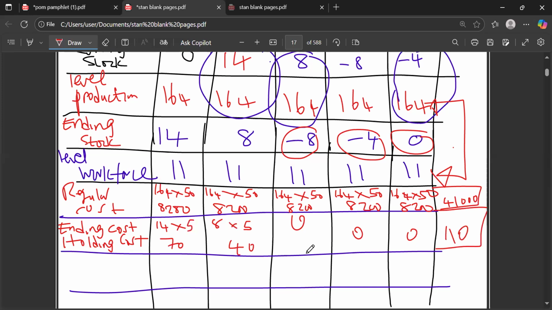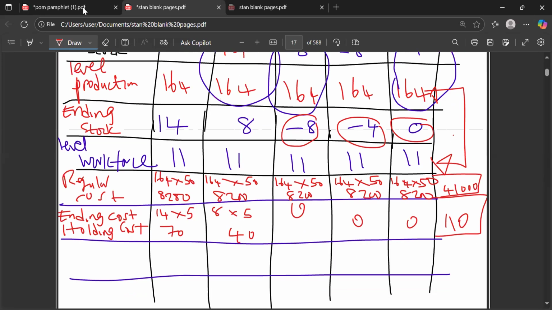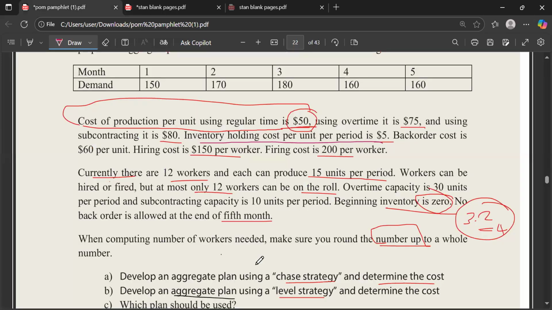Then what next? So we have gotten the regular cost and the holding cost. Then what next? Currently we had how many workers? We had 12 workers, right? Yes. So what happened for us to have 11? We only fired one guy, and that maintained the 11. Okay?